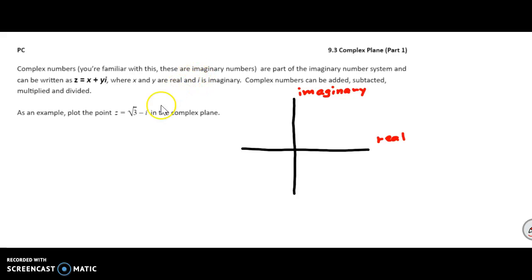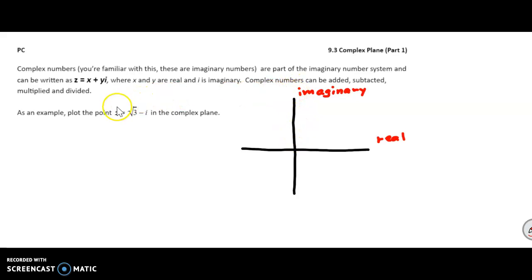We can actually plot this on the complex plane. Along the quote-unquote x-axis is the real number, and along the y-axis is the imaginary axis.